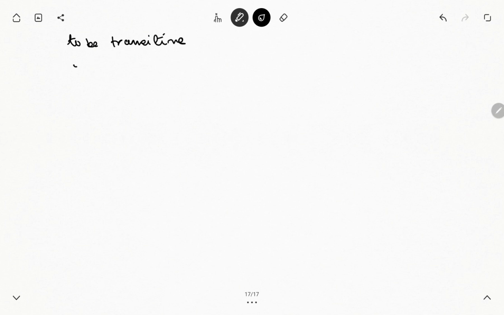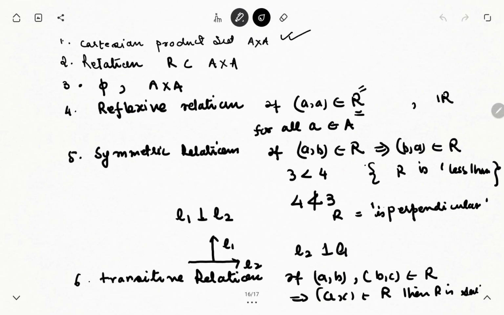I'm going to take an example using the previous example, perpendicular.